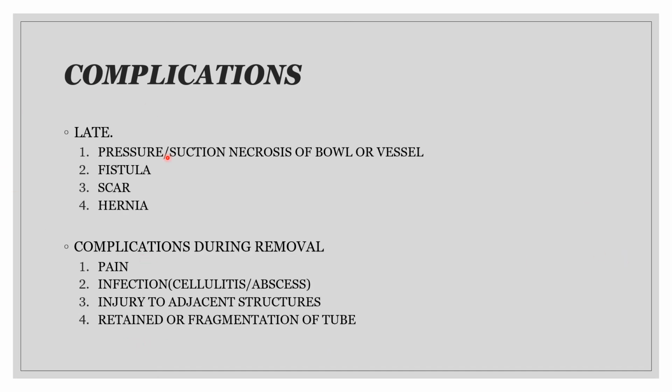What is late? Pressure, suction, necrosis of bowel or vessel, one of the rare complications. Fistula can occur, scar formation and hernia. Hernia is less likely, but it is not uncommon.